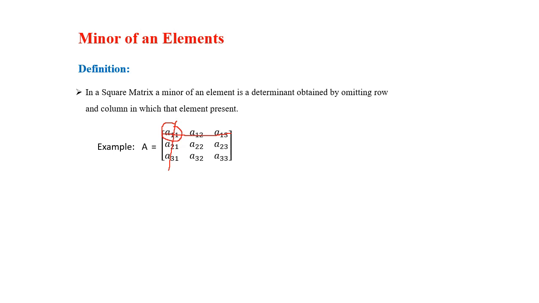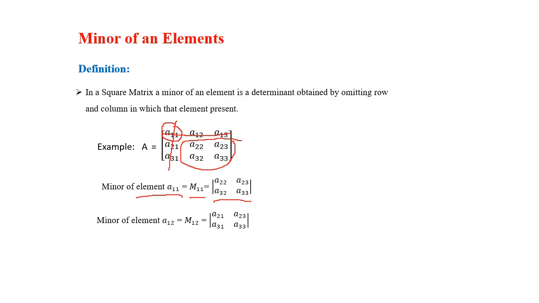After deleting the first row and first column, we have these four numbers. Taking the determinant of these four numbers, we get the minor of that element. It means the minor of element a11 is denoted by capital M11, and that will be this determinant.